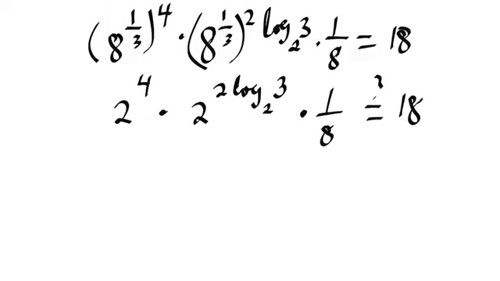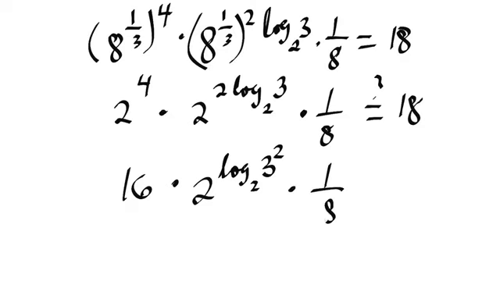So we're going to have 2 raised to power 4, which gives us 16, multiplied by 2 to the power of log base 2. This power 2 here will become the power of 3, so we're going to have 3 to the power of 2, multiplied by 1 over 8, equals 18.